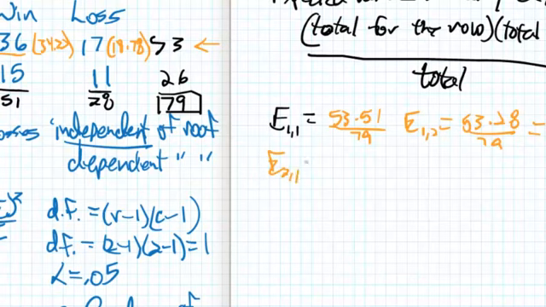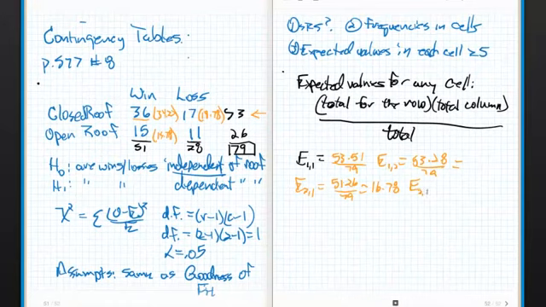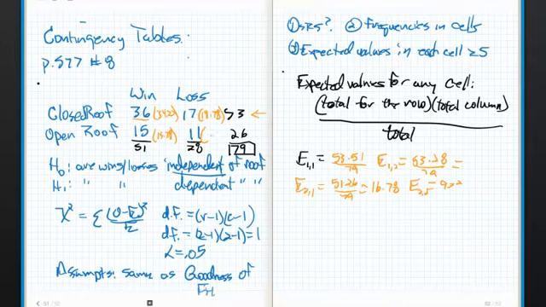So E21 is going to be 51 times 26 divided by 79, and this is equal to 16.78. Then if I go E22, I'm just saying that that's the expected value of the second row, second column, excuse me, and I go 26 times 28, and I divide that by 79, and I get 9.22. And check those numbers. Of course, I could have screwed something up, but it wouldn't be the first.